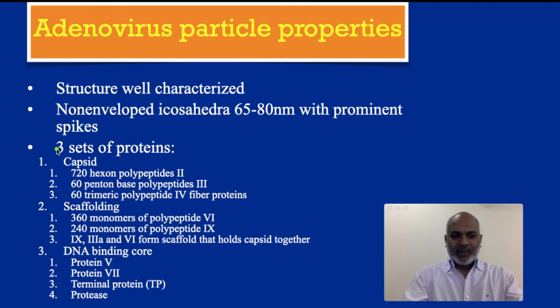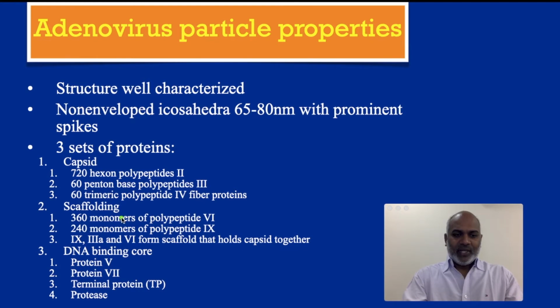The three sets of proteins are capsid proteins, scaffolding proteins, and DNA binding proteins. The capsid has hexon polypeptide 2, the penton base, and the trimeric polypeptide 4 fiber proteins. The capsid is made up of hexons, pentons, and the fiber, which is attached to the knob.